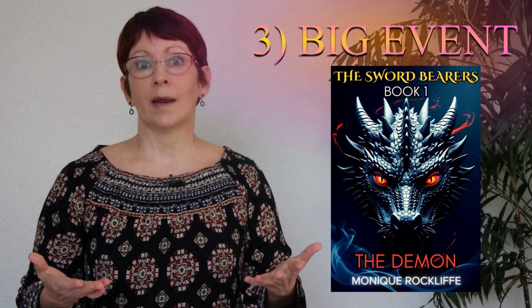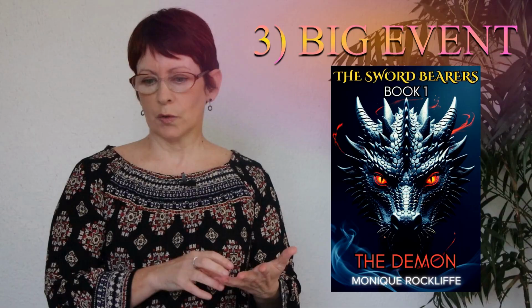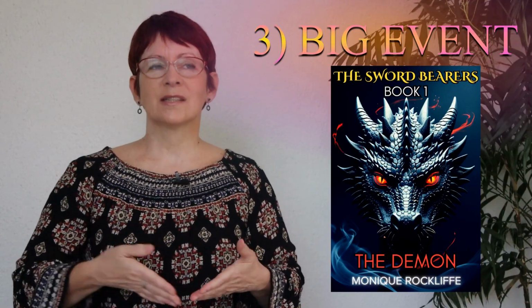And we're only in book 1, and I've got 12 books. So how does this catalyst affect her? How does this big event that she's experienced that's completely changed her, how's it going to affect her in the rest of the story? How does she change?